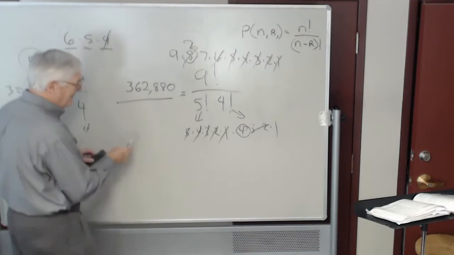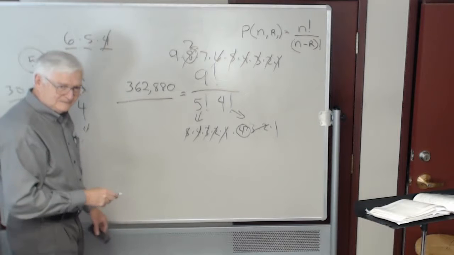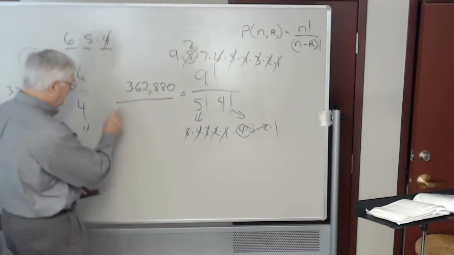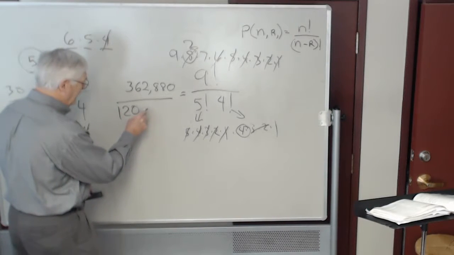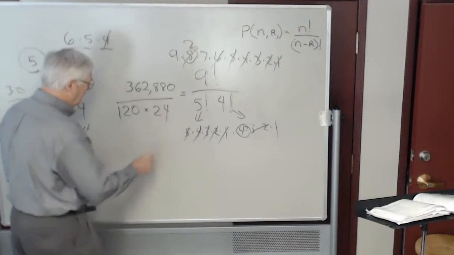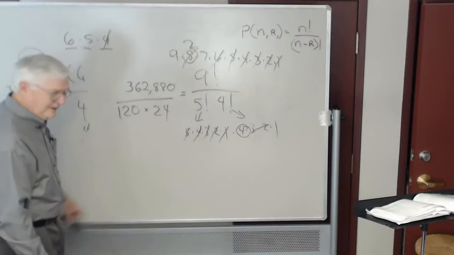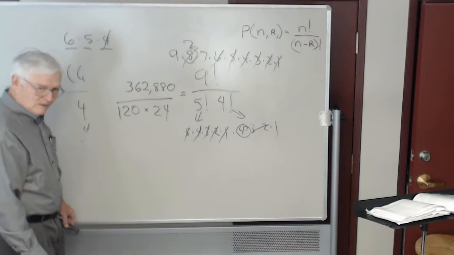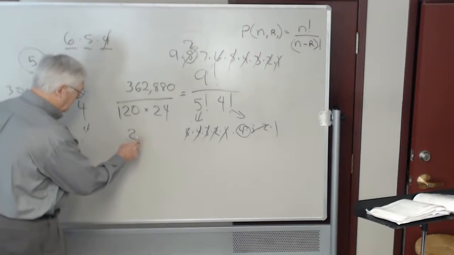And then I divide that by what's 5 factorial? 120. 120 times, what's 4 factorial? 24. What's 24 times 120? 2,880.